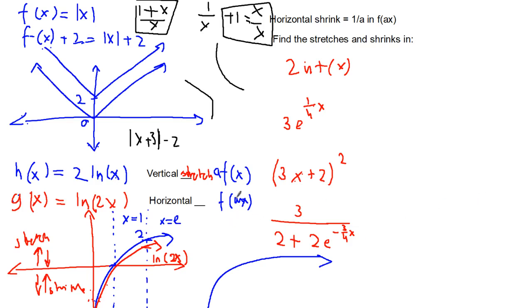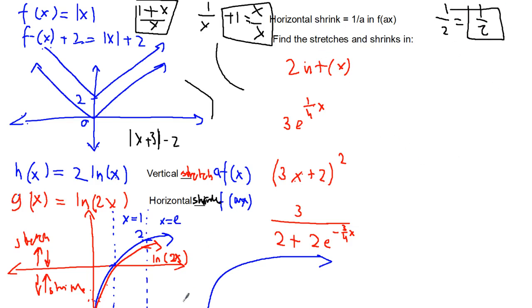So if the number a is less than 1, it's a horizontal stretch, and if the number a is greater than 1, it's a horizontal shrink. In this case, a is 2, so it's a horizontal shrink, right? And our horizontal shrink factor is 1 over a, so 1 over 2 is just 1/2, right?